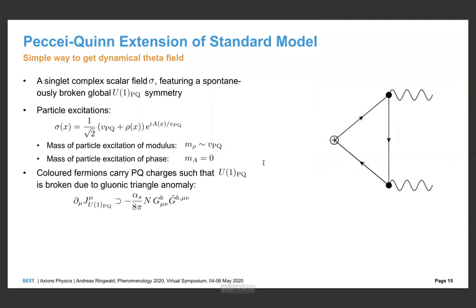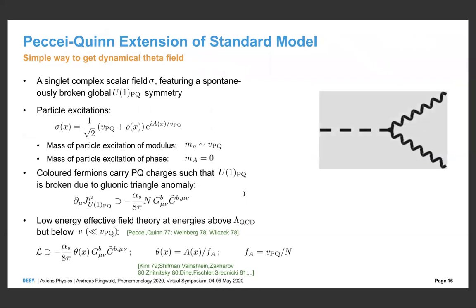Now, if one adds colored fermions in the model carrying Peccei-Quinn charges such that the U(1) Peccei-Quinn symmetry is broken due to a gluonic triangle anomaly, as illustrated on the slide, then the low energy effective field theory at energies above lambda QCD but below the electroweak symmetry breaking scale will look exactly like the required coupling of an axion field, namely just linearly interacting with the topological charge density in QCD.